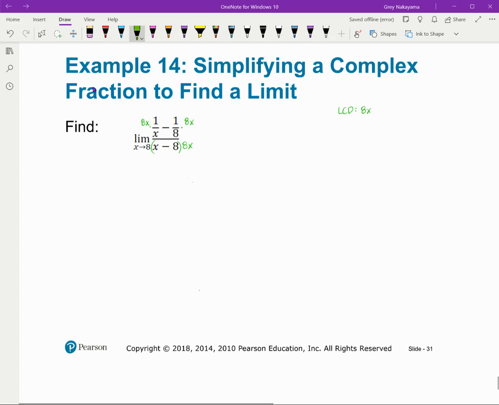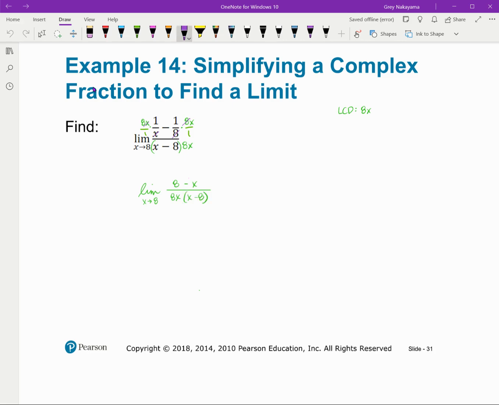And, think about it, whenever you multiply by a fraction, this is like over 1 in these cases. So when I multiply, these x's are going to go away, leaving me with just 8 minus, and these 8's are going to go away, leaving me with just x. And on the bottom, again, you don't need to multiply it. It's just going to be 8x times x minus 8.